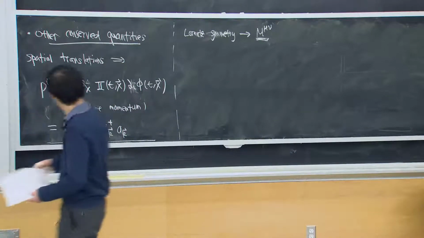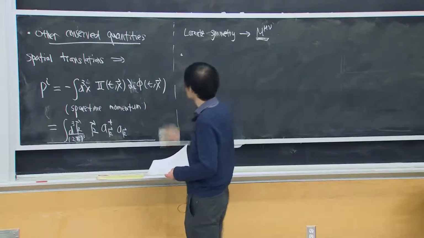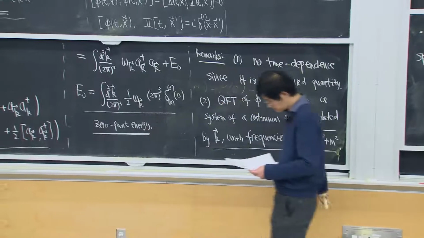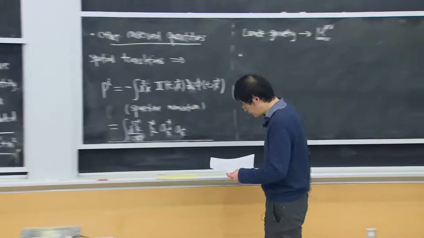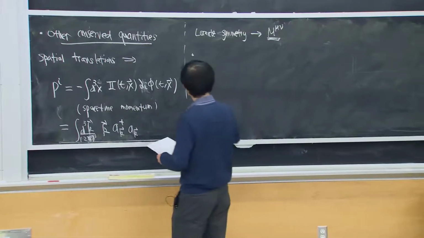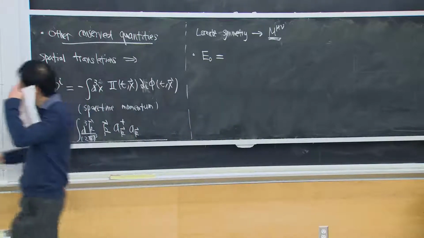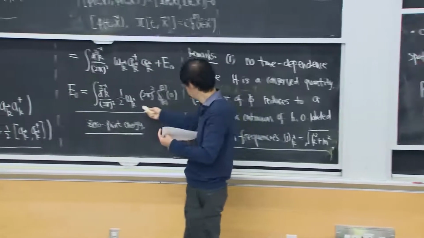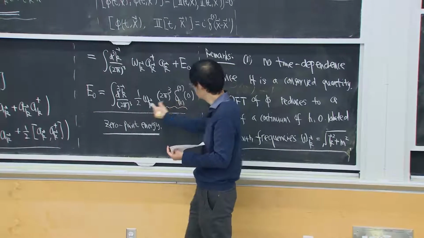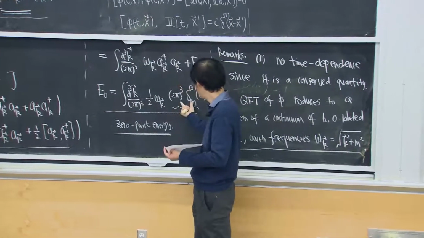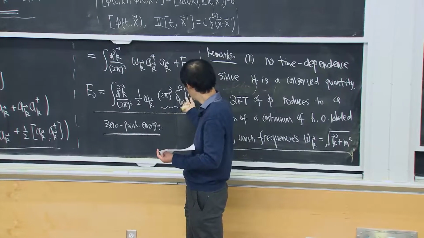Good. And then the next thing is let's talk about this zero-point energy. We can write it as the following. This is a constant, so we can take it outside of this k integral. It does not depend on k.